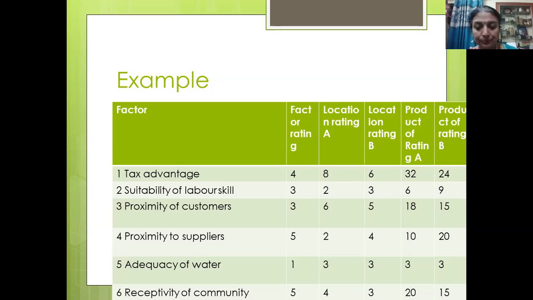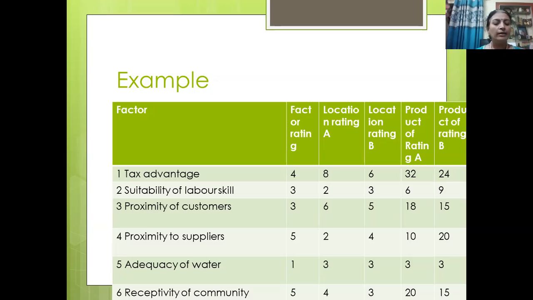In the column product of rating A, you should write the product, 32. As far as location B is concerned, it is 6, so 6 should be multiplied by 4. 6 into 4 is 24. It is written in the last column, the product of rating B, where we have written 24.